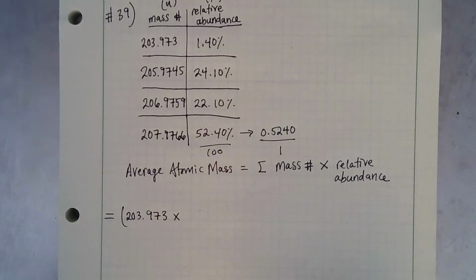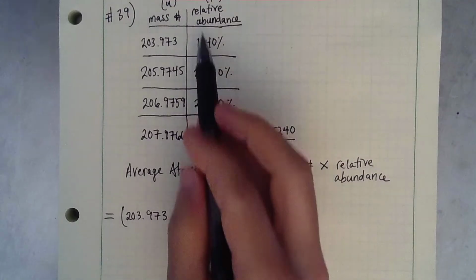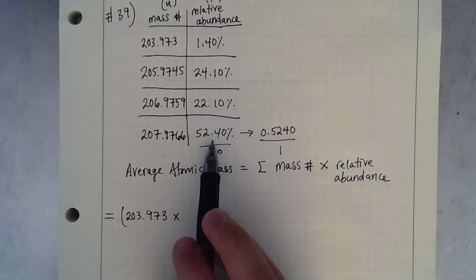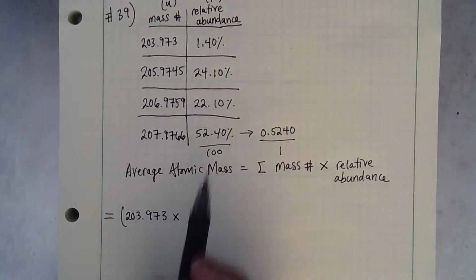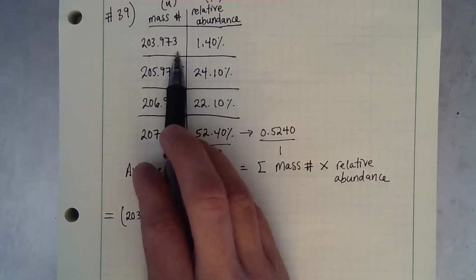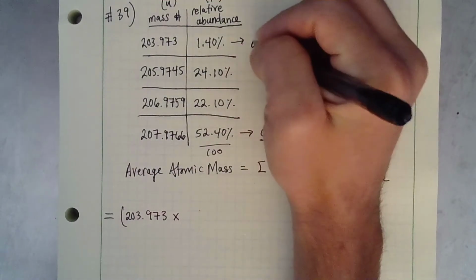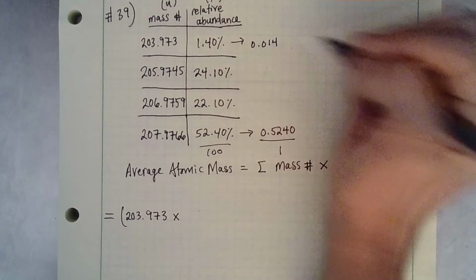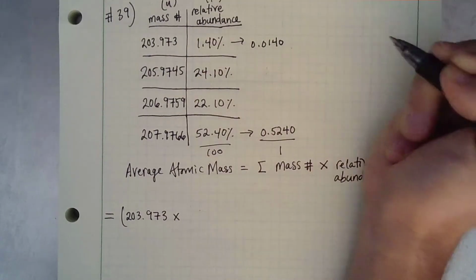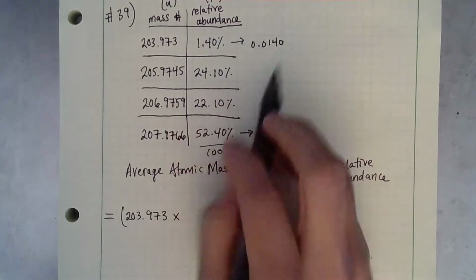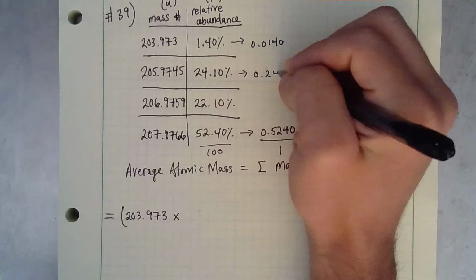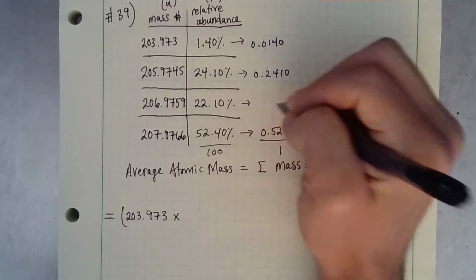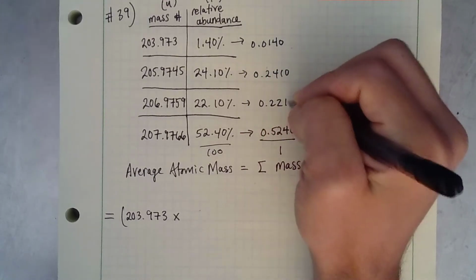Okay, all you're doing is just dividing each of these numbers by 100, or in other terms, you're bouncing the decimal place 2 places to the left. Okay, so bouncing the decimal place 2 places to the left here gives me 0.0140. Okay, that 0 is there for a reason, so I'm going to go ahead and include it. 0.2410 and 0.2210.